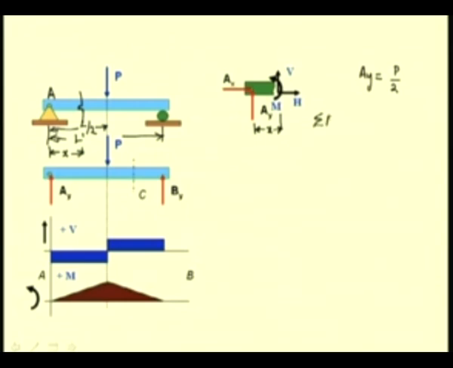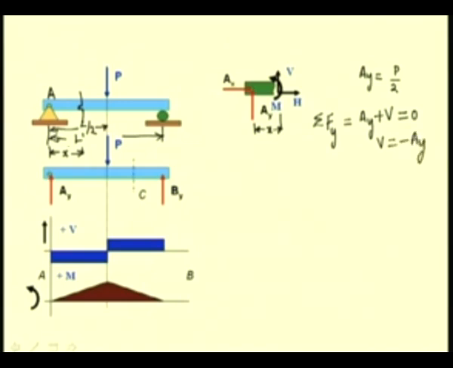So, equating these vertical components, we have Ay plus V equal to 0, thus V is equal to minus Ay.